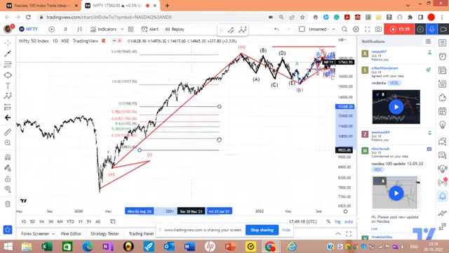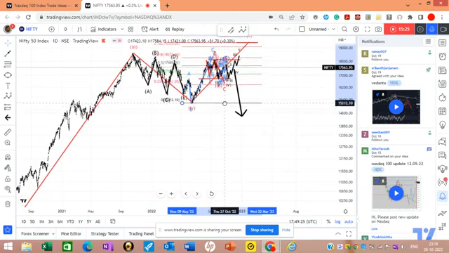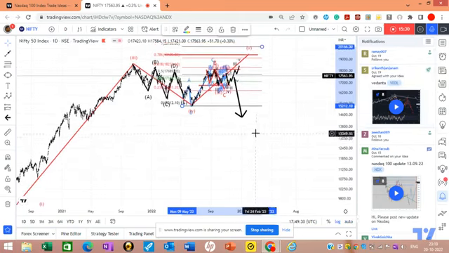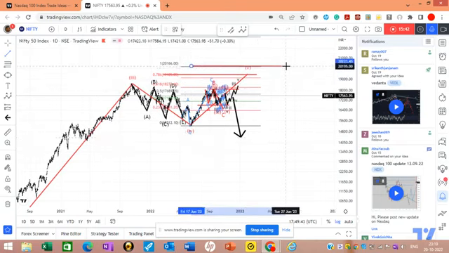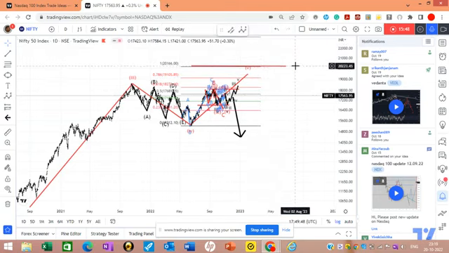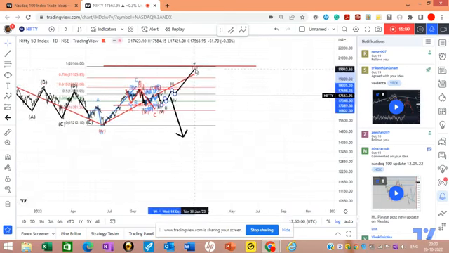Yeah, correct. And what should my final target for Nifty be? 20,000 to 23 would be my final target for wave 5. That is, after this correction is complete and we will have this wave 5.